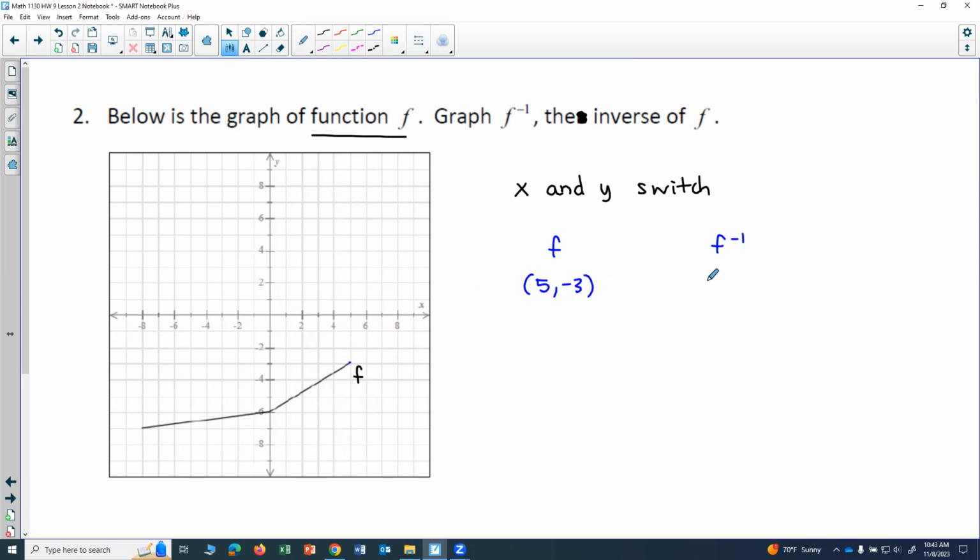So for f inverse, that's going to become the ordered pair (-3, 5). So I'm going to go ahead and graph that. So (-3, 5) is right up here.